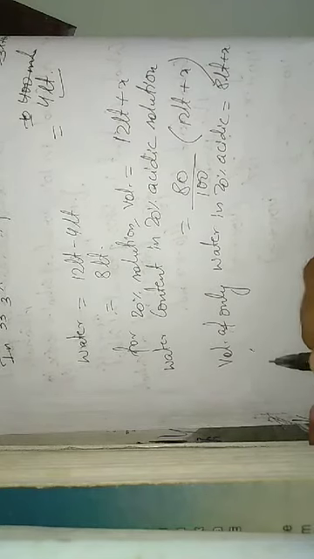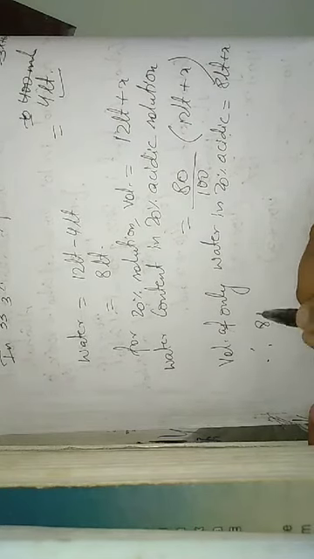Am I correct? And both of them are equal. This is the water content, only water content, and this is the water content based on the whole solution. So they are equal. Therefore 8 plus x is equal to 80 by 100.